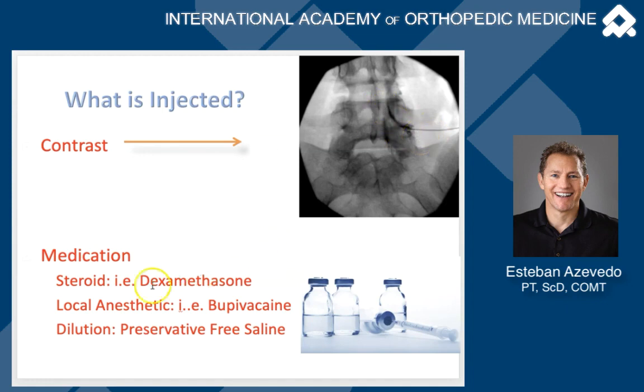And then there's always some kind of local anesthetic to cause some short-term pain relief, and then some kind of steroid. The steroid is a really strong anti-inflammatory. It's different than the steroids that athletes sometimes get accused of taking, so it doesn't have an anabolic muscle building effect like an athlete. This is a very strong anti-inflammatory.